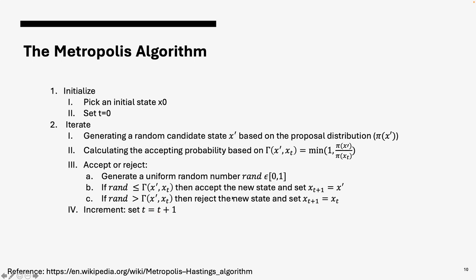In this slide, you can see the Metropolis algorithm. In this algorithm, initially, you have to pick an initial state called x0. Then you have to set the time to 0.